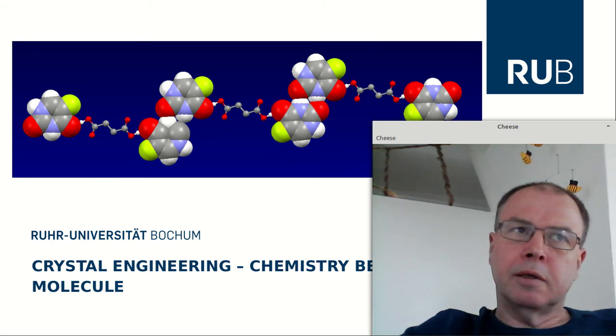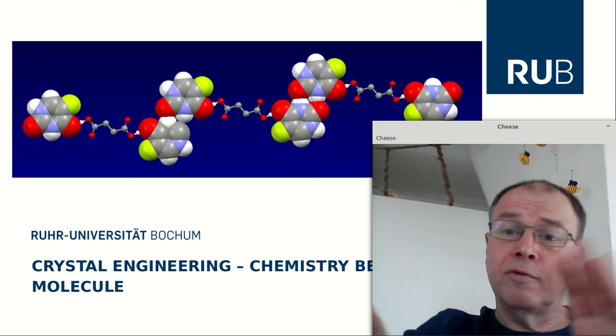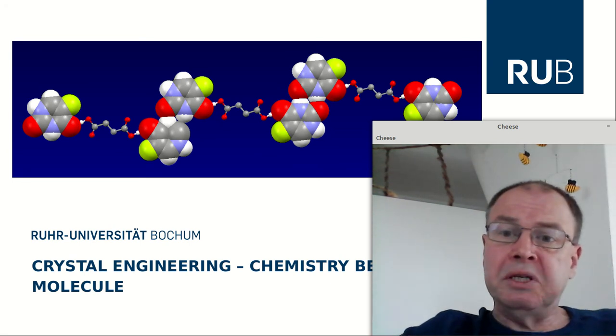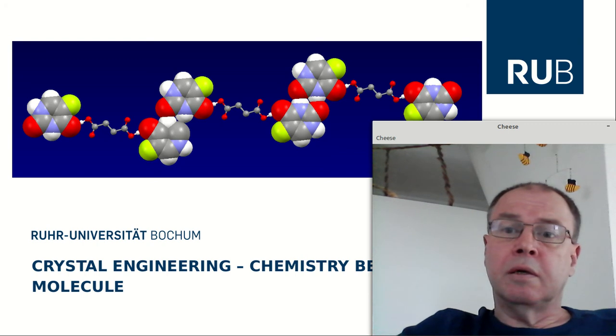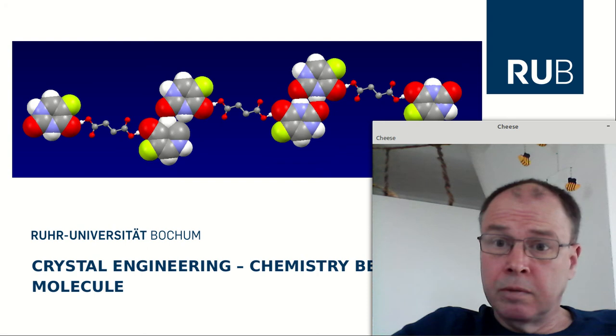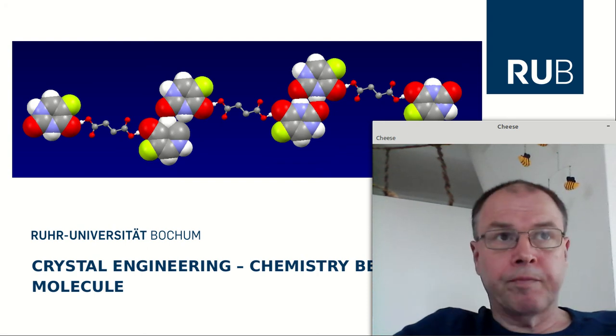And always, talking about halogen bonding, I exclude fluorine. I've shown you that fluorine has no significant sigma hole and is not really useful in halogen bonding.